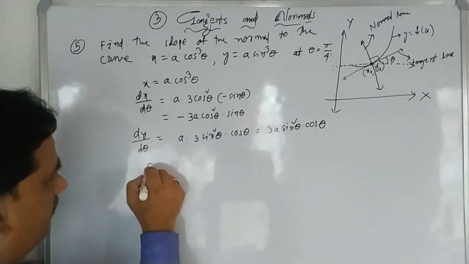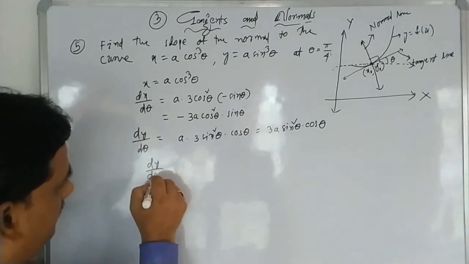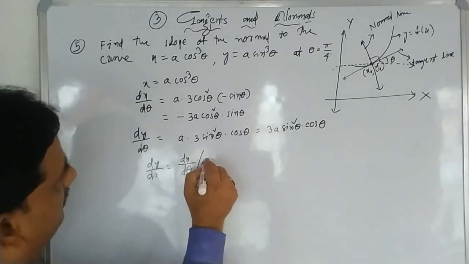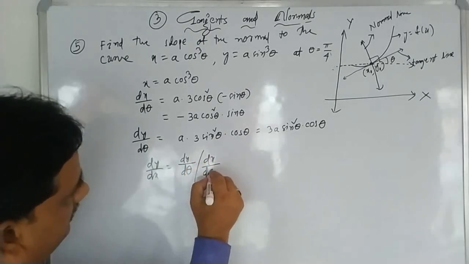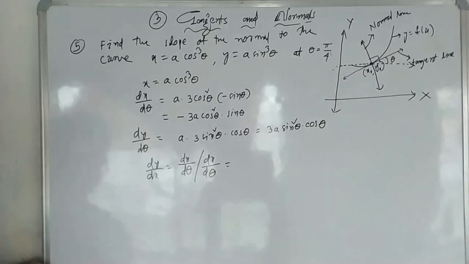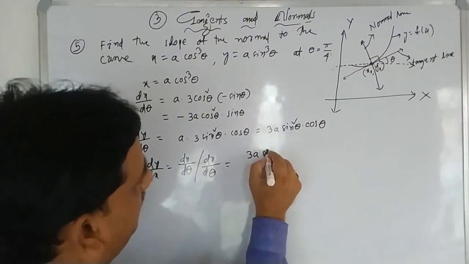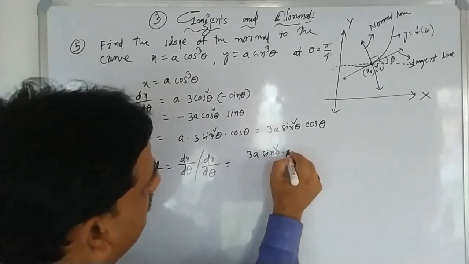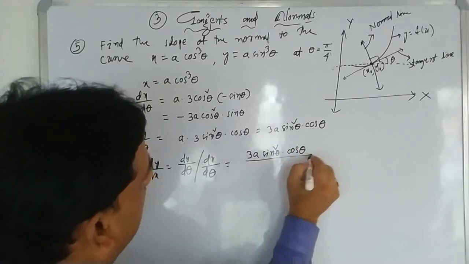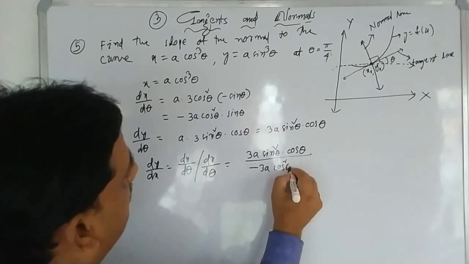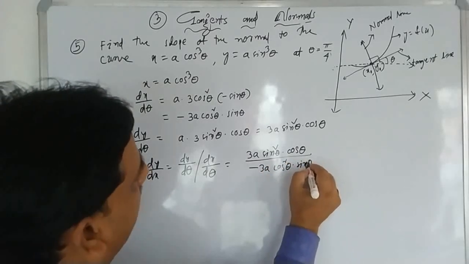Now dy by dx is dy by d theta upon dx by d theta. So dy by d theta is 3a sin square theta into cos theta by minus 3a cos square theta into sin theta.